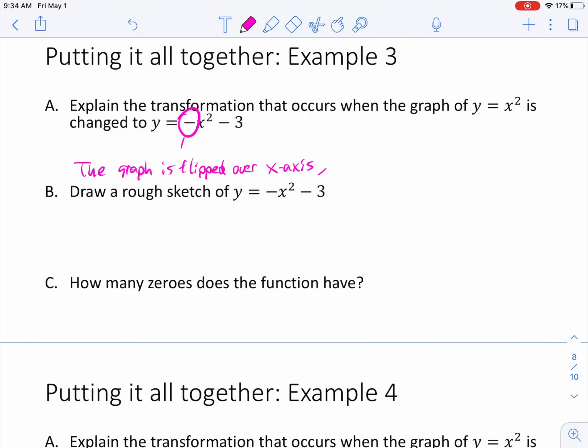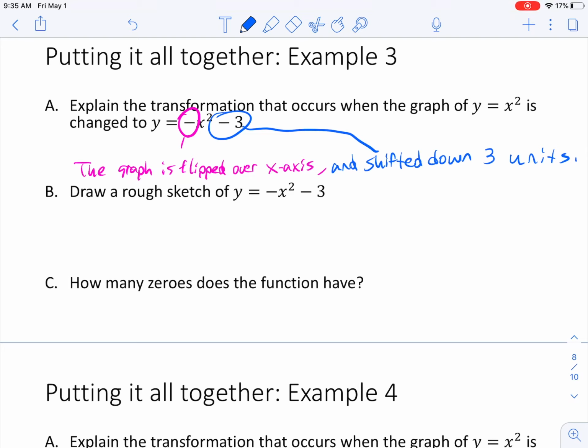I also have that it is shifted down 3 units. Just to explain, that's because c was -3, so it's shifting down by 3 units.